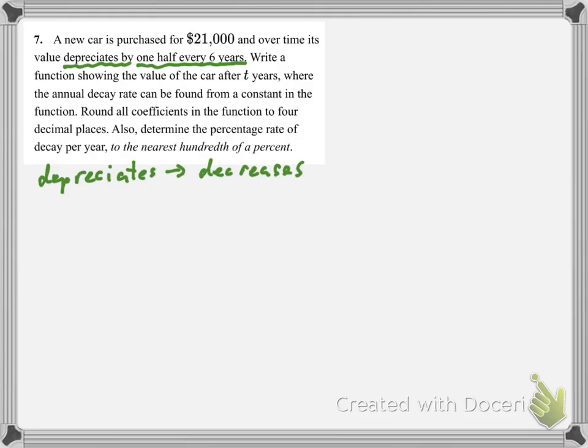So everything else is the same. Now, so here's f of t. Our initial amount A is 21,000. But now it says 1/2. It doesn't say double. So that means my number in the parentheses is 1/2, to the t over, well, it says every 6 years. So 6 goes on the bottom.